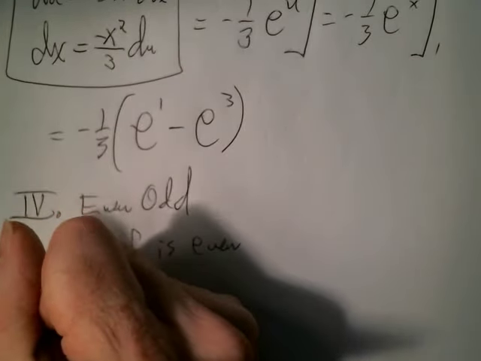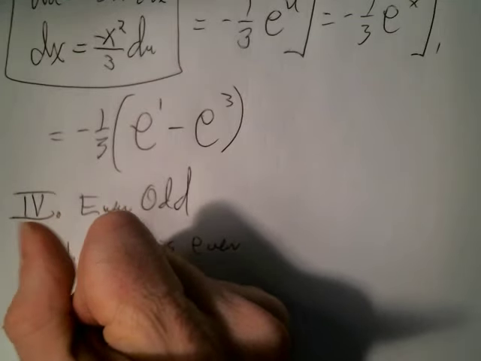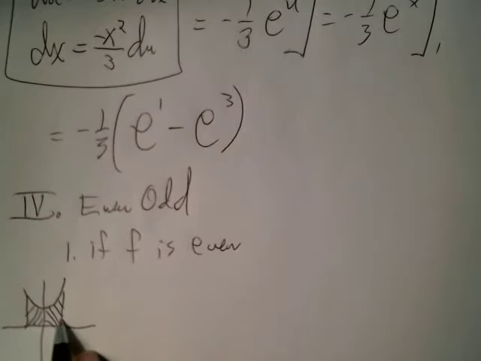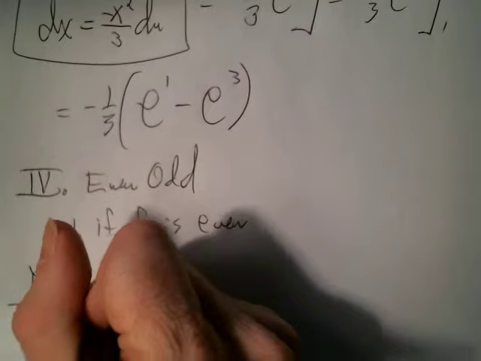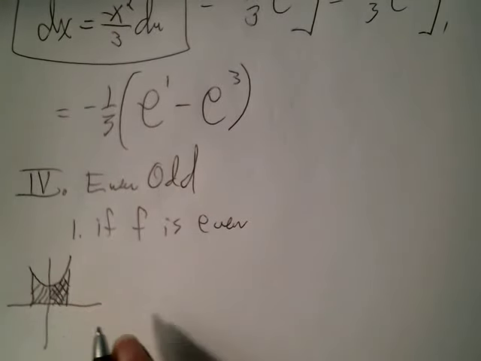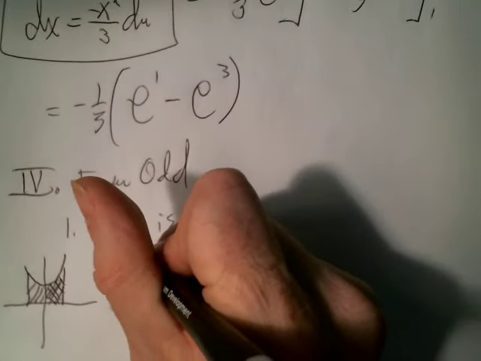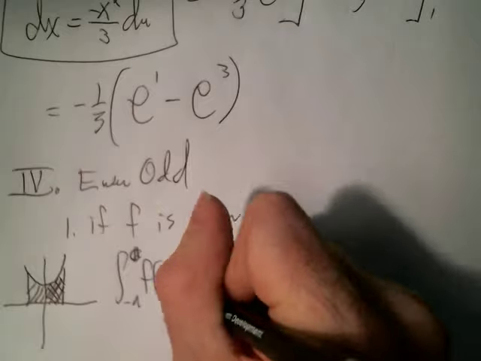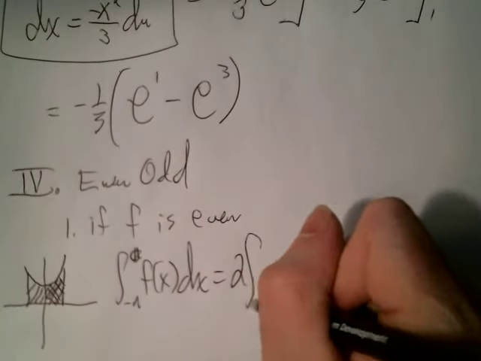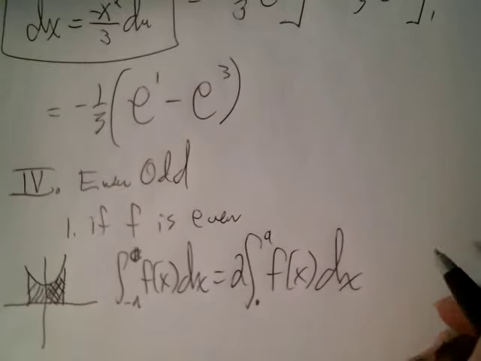So if you find the area under here, you have already found the area under here. In other words, to find the total area, you just find half the area and multiply it by 2. So if f is even, the integral from negative a to positive a of f of x dx is 2 times the integral from 0 to a of f of x dx.